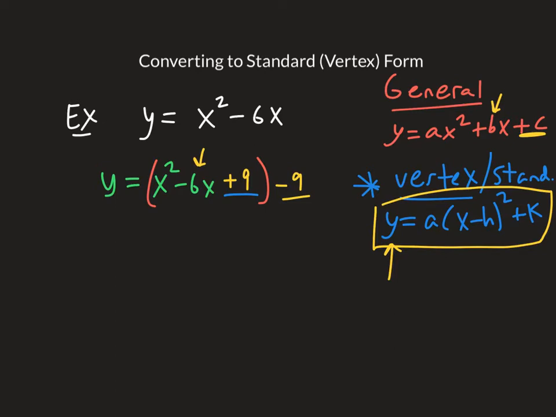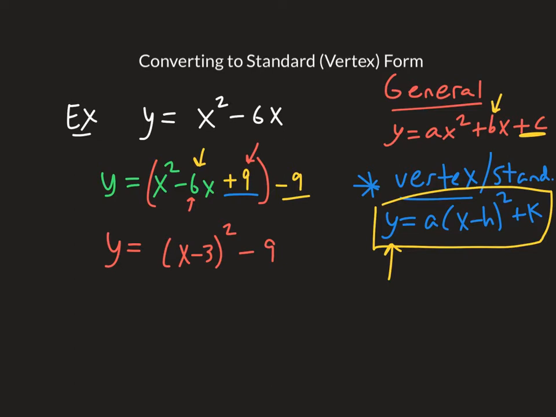If you remember about factoring, we need to find two factors of 9 that add up to -6. And when you do it with this process, with completing the square, it's always going to be half of that b value. So it's going to be x minus 3 and x minus 3, also known as x minus 3 squared.